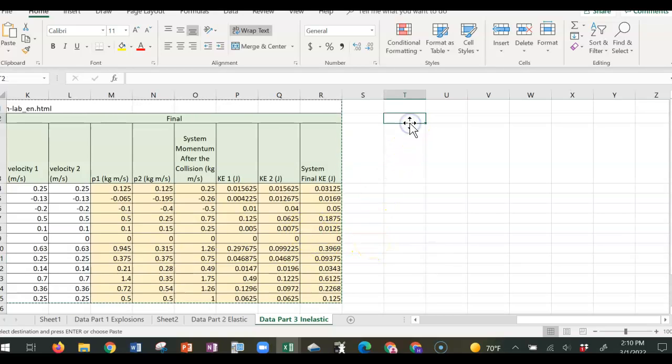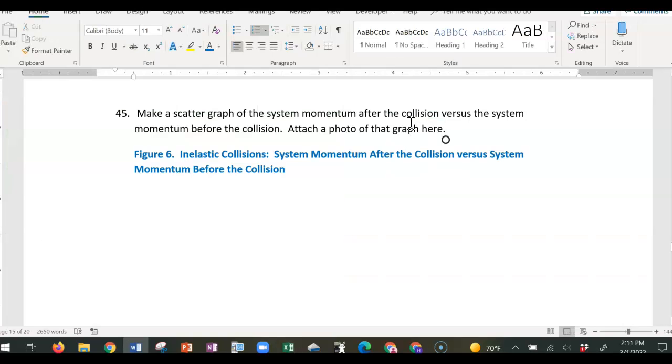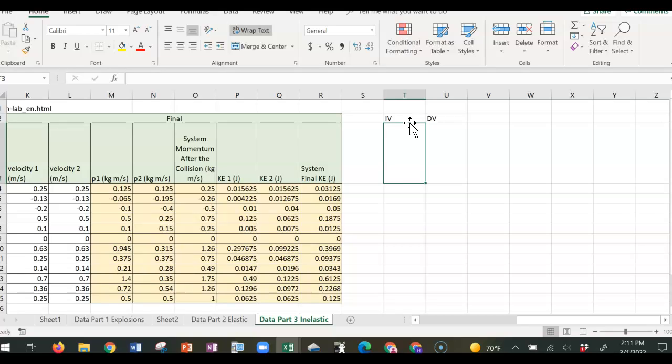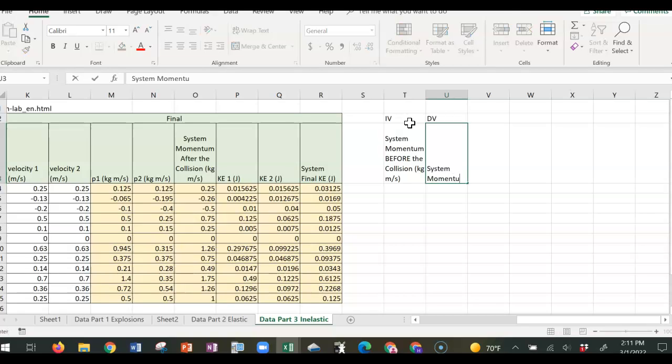My independent variable, the one I want on the x-axis, is the system momentum before the collision, in kilogram meters per second. And the dependent variable will be the system momentum after the collision, also in kilogram meters per second.